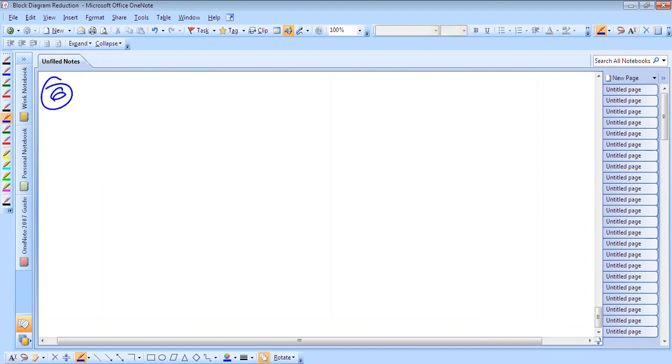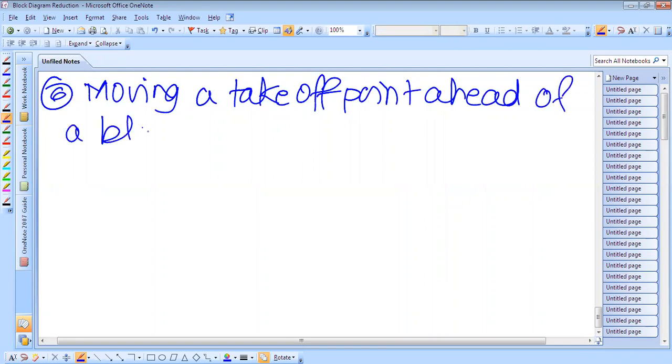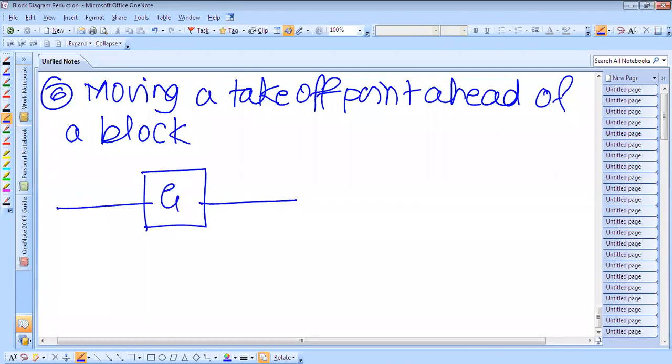Rule number 6 means moving a take up point ahead of a block. So this one block is given to you.